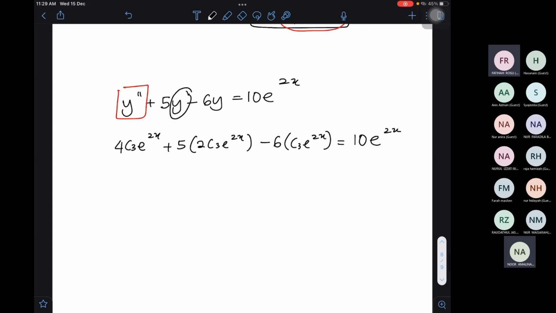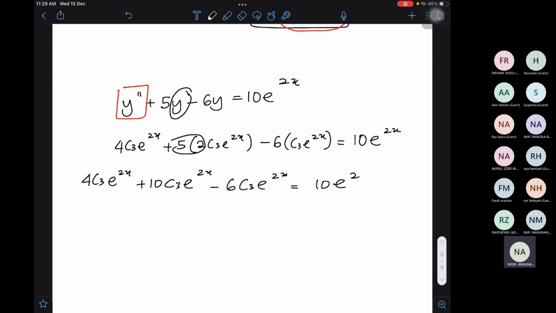Okay, kita expand. So you have here 4C3 exponent 2x. 5 darab 2 plus 10 C3 exponent 2x. Tolak 6 C3 exponent 2x sama dengan 10 exponent 2x. So if you see here, you have exponent 2x here, you have exponent 2x here, you have exponent 2x here.